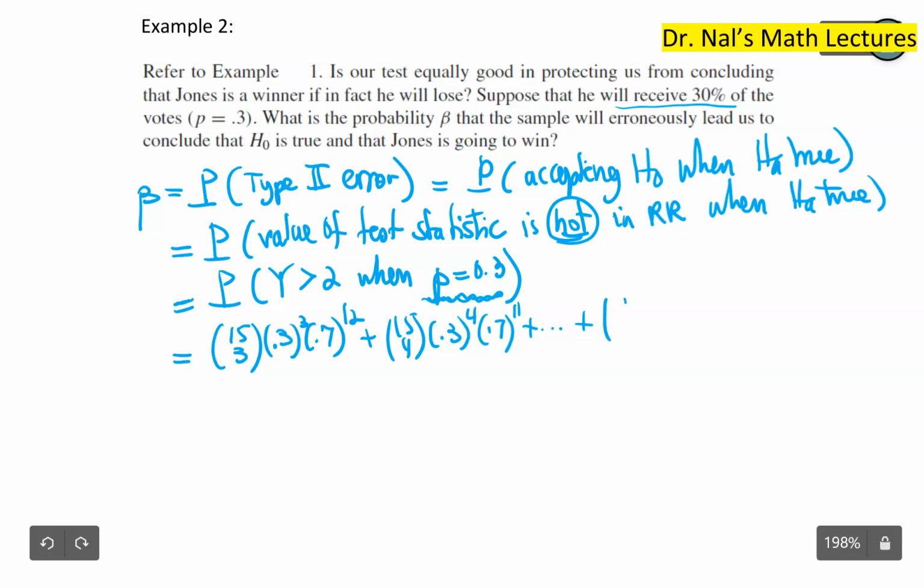You need to add up all these numbers, all the way up to 15 choose 15, 0.3 raised to the 15th power, 0.7 raised to the 0th power. So we need this sum.